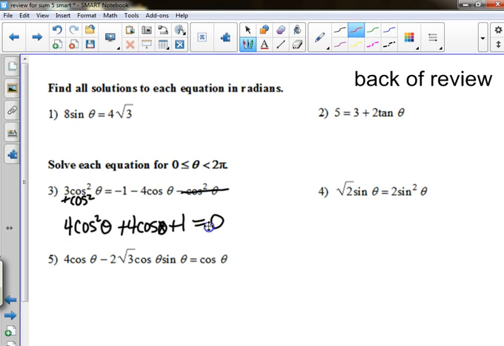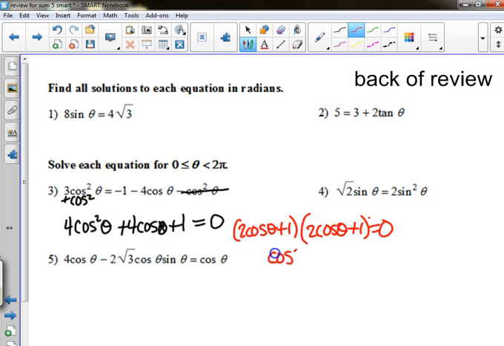How's that going to factor now? Because that's where we need to be going with quite a few of these. 2 cosine theta plus 1 times 2 cosine theta plus 1, isn't it? So we get 4 cosine squared plus 2 cosine plus 2 cosine plus 1, which would equal this.